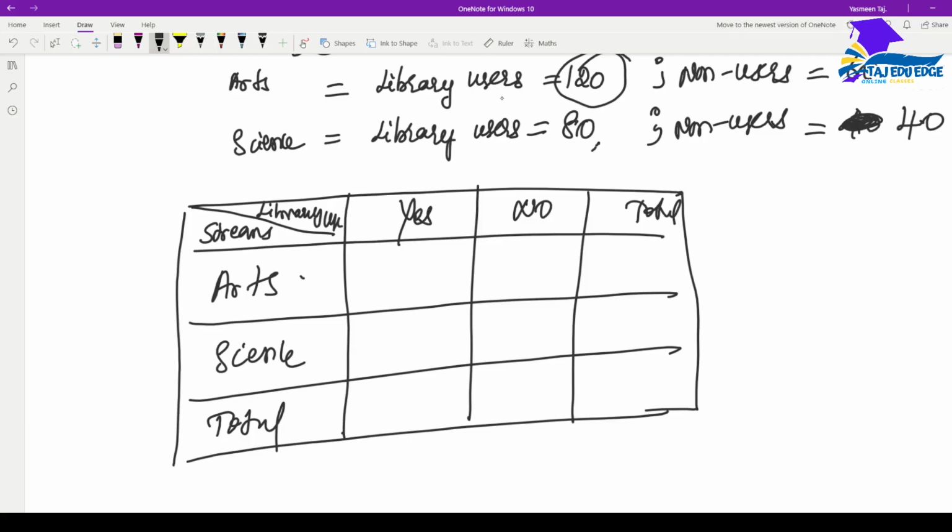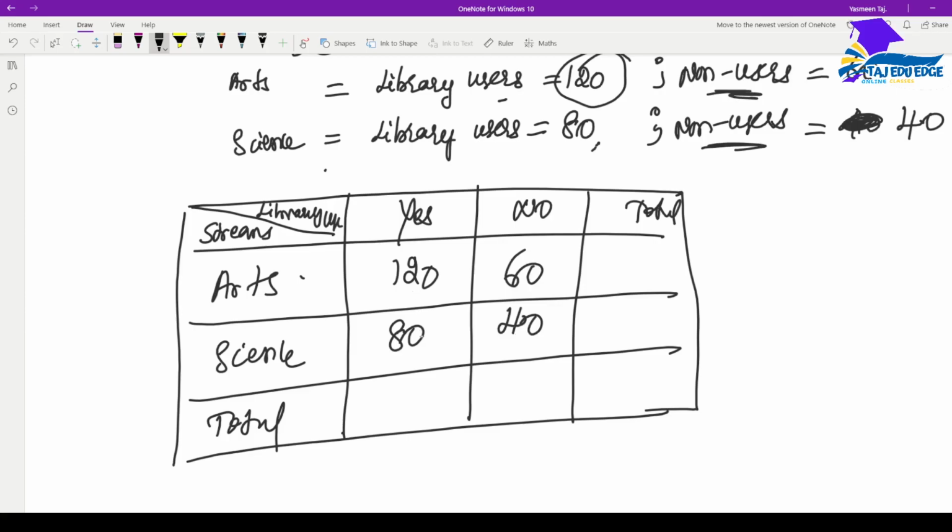So, as we already know, arts library users are 120. In science, library users are 80. In arts, library non-users are 60. In science, library non-users are 40. So this much is done.